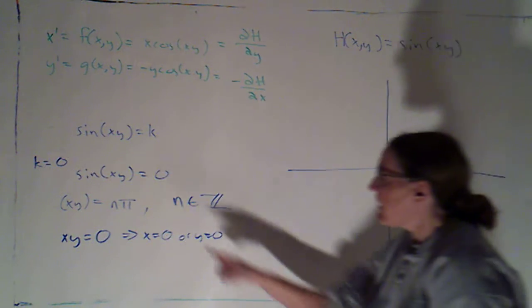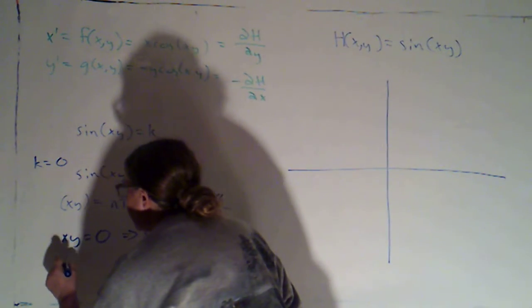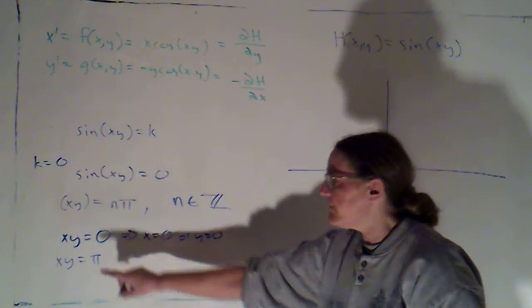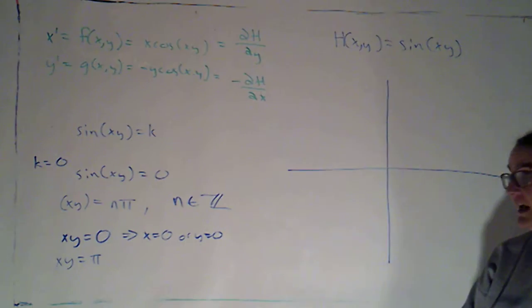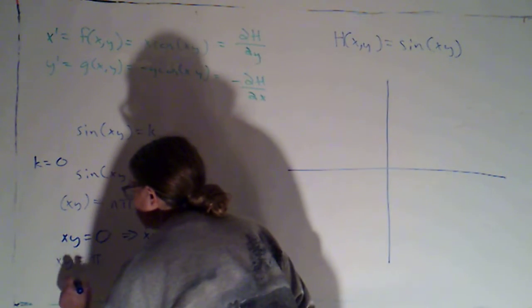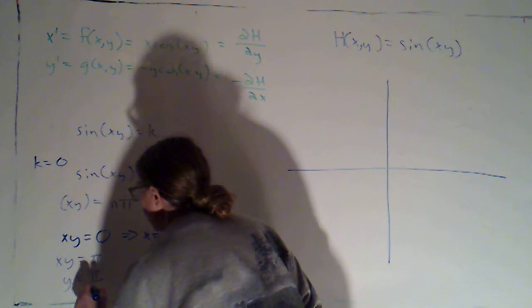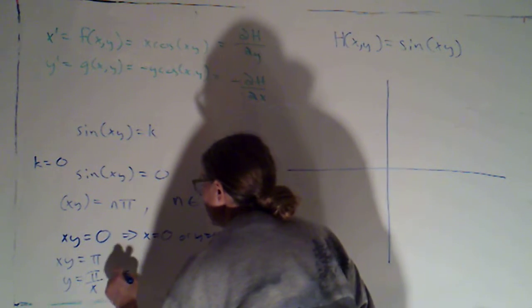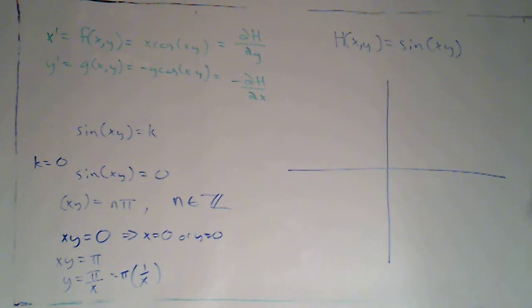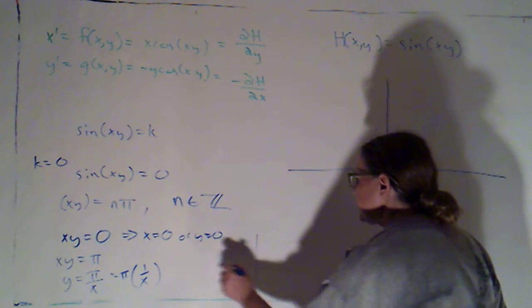Now, if n happened to be 1, then x times y would be pi. What's nice about having a positive number there is I know that neither x nor y is 0, so I can go ahead and solve for y. Y is pi over x, which is just pi times 1 over x. Now, that's just a multiple of my reciprocal function.